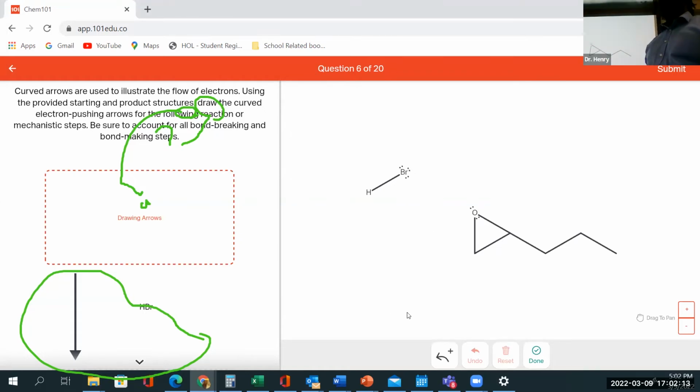So who's going to be donating? Who's the donor? So you're saying oxygen is the donor. Okay.